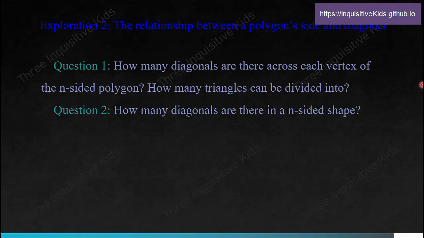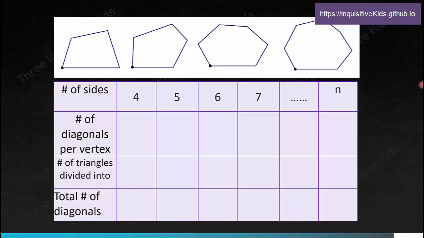All done? What did you get? Here I have made a table, and we're going to fill it in all over again. Number of sides: 4, 5, 6, 7, and of course n, and number of diagonals per vertex. Let's look at the quadrilateral first.